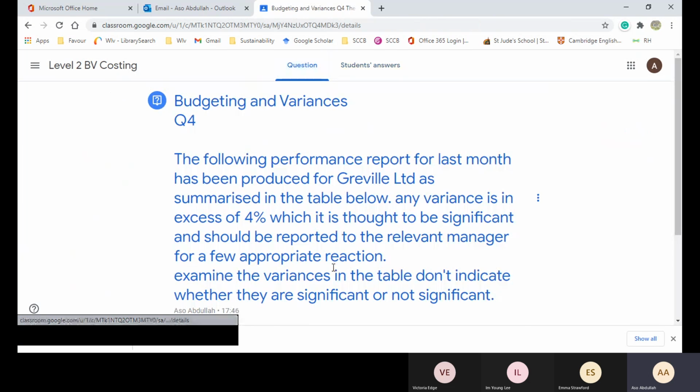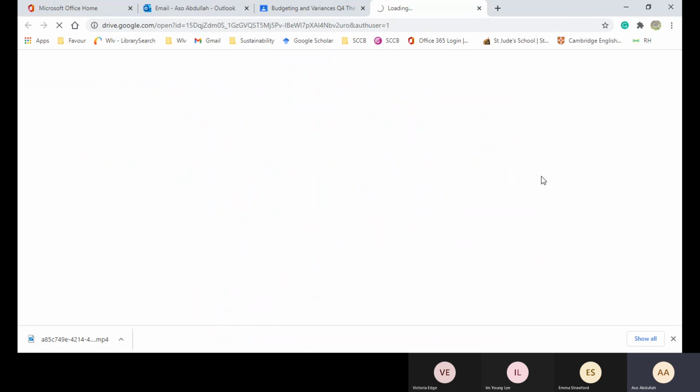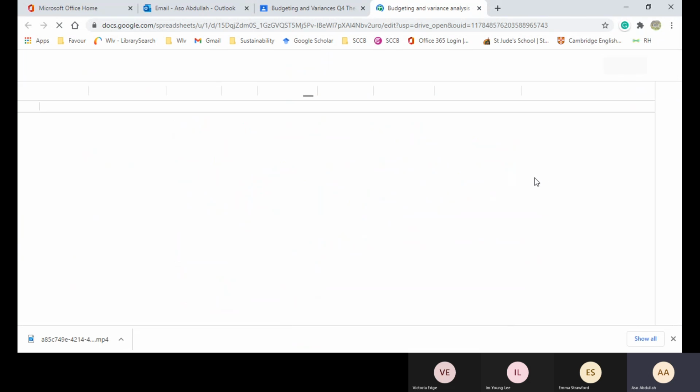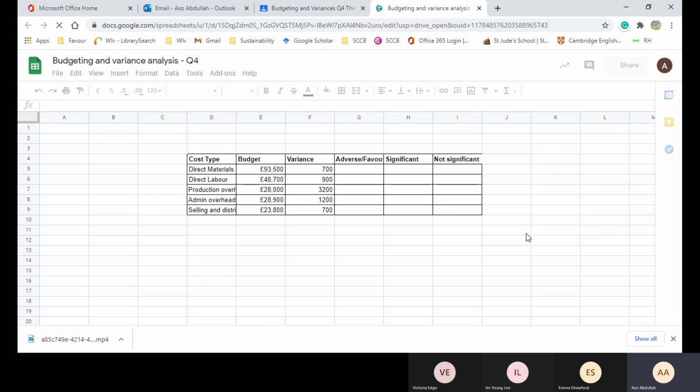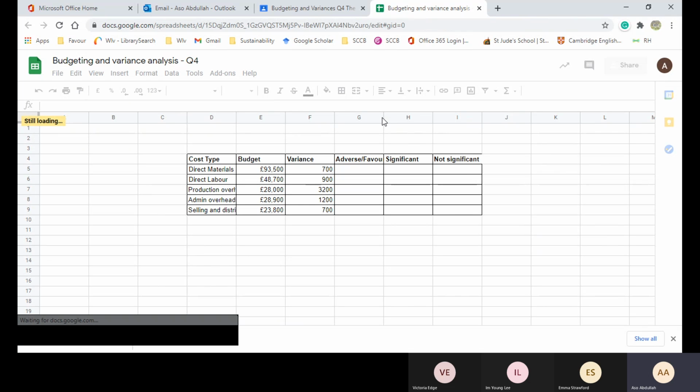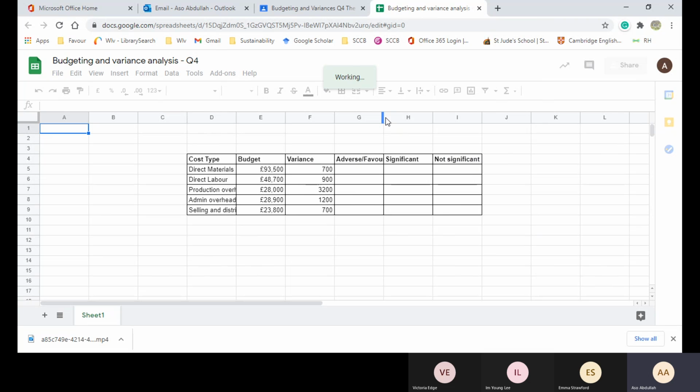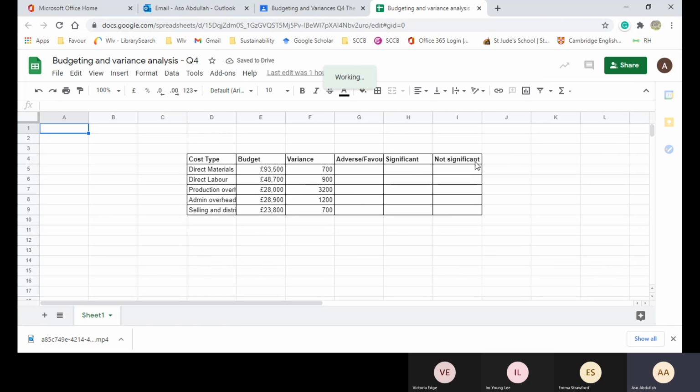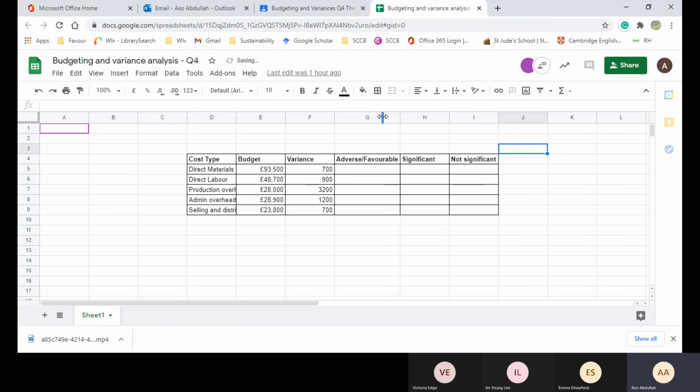Again, you need to open the sheet. Okay, so let's see.